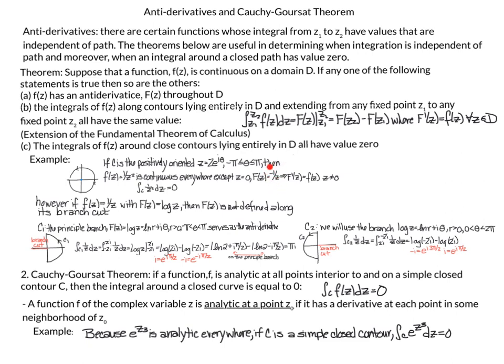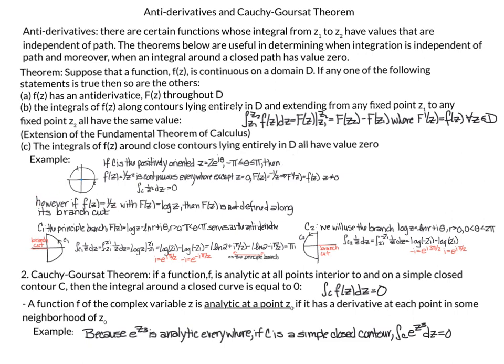And this is also defined everywhere in the domain, because the domain is everything except 0. So 1 over z is good, which means then, because this is a closed curve, a complete circle, part A was true here, so that implies part C, that the integral around the entire circle will be equal to 0.